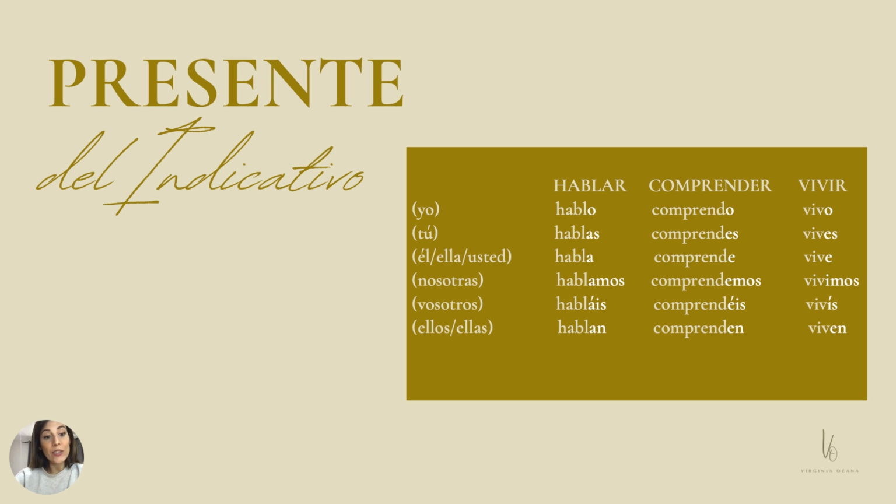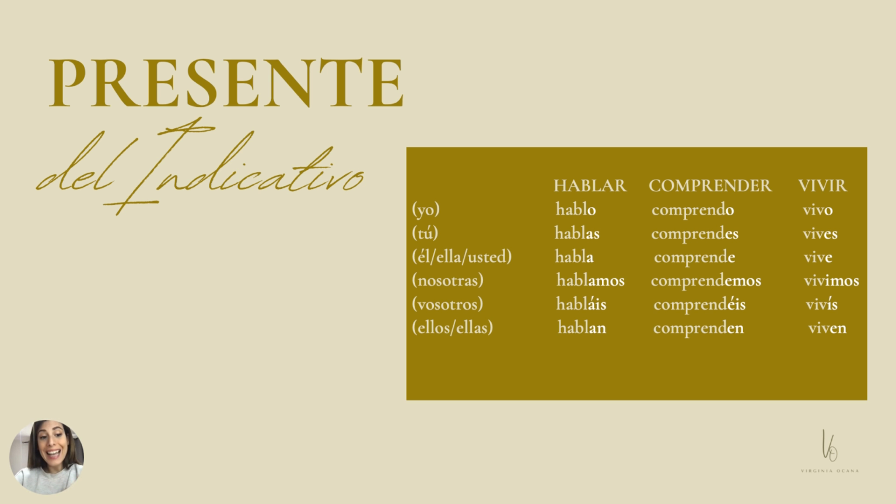Yo comprendo con el verbo er y yo vivo con el verbo ir. So the first person will finish in O in the three types of endings of infinitive verbs. Ar, er, ir is always O. Hablo, comprendo, vivo.